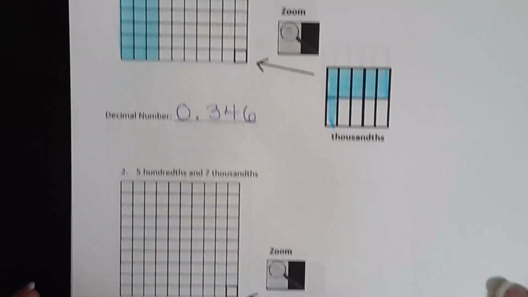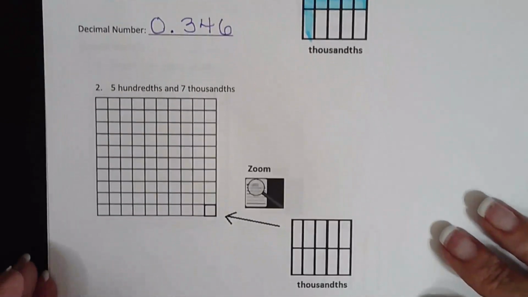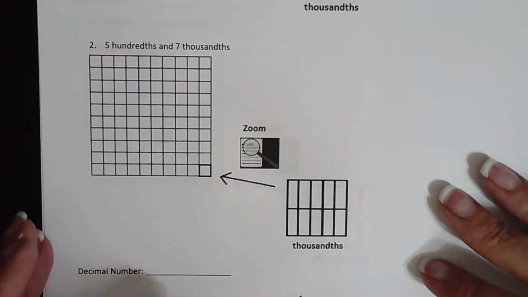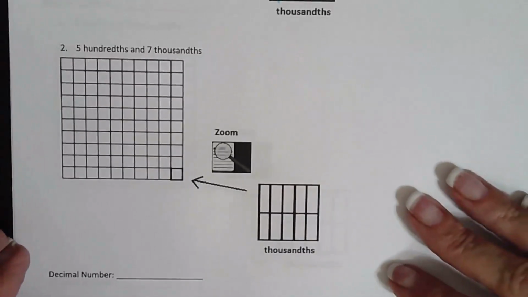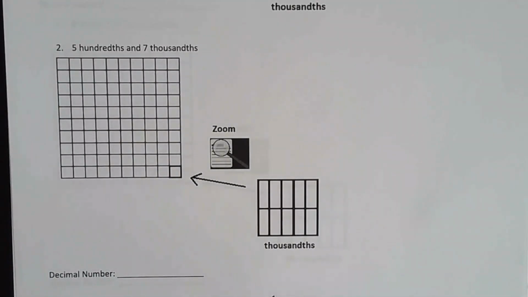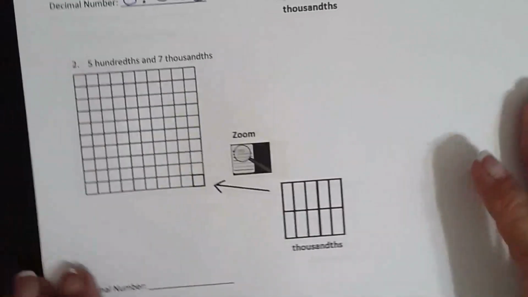Okay, so you guys try the next one. 5 hundredths and 7 thousandths. Okay, so 5 hundredths means 5 out of 100.